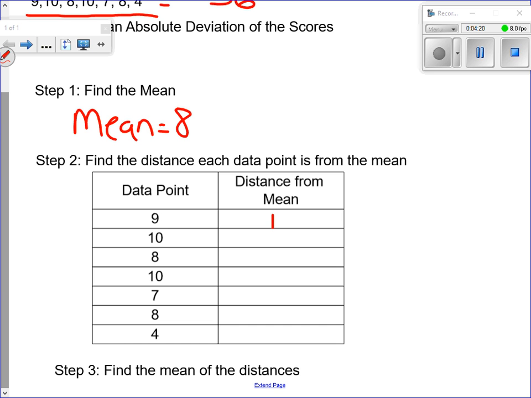How far is 10 from 8? 2. 8 from 8? 0. 10 from 8? 2. 7 from 8? 1. 8 from 8? 0. 4 from 8? 4. Told you that was harder, right? We had a number line. How far away is it? That's it. That's step number 2.